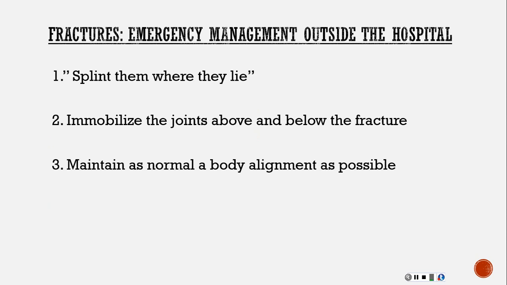Okay, so we've talked about a little bit of this, but the emergency treatments outside of the hospital. Number one, splint them where they lie. Okay, don't try to get them up, move them around too much. If they've got an obvious fracture or an obvious deformity, get the splint on there. Immobilize the joints above and below the fracture. Maintain as normal a body alignment as possible.